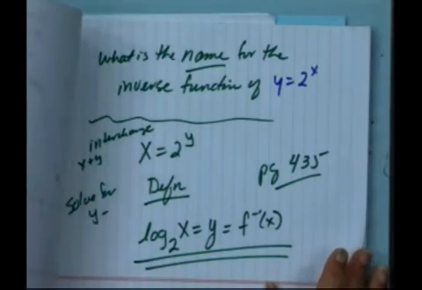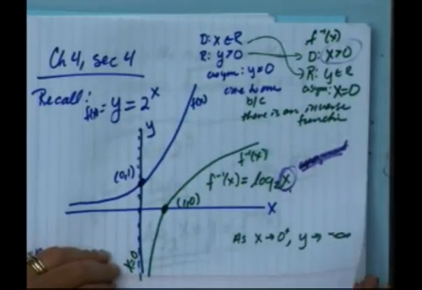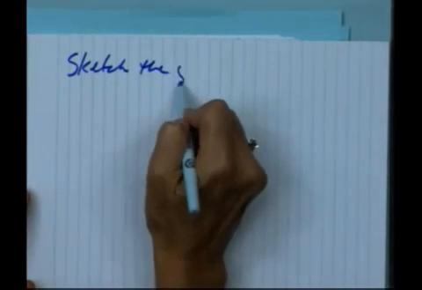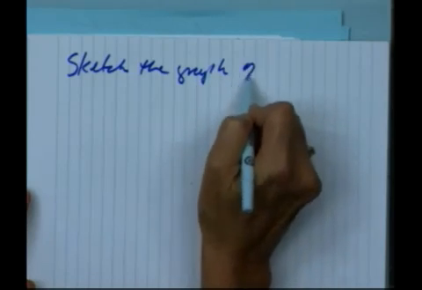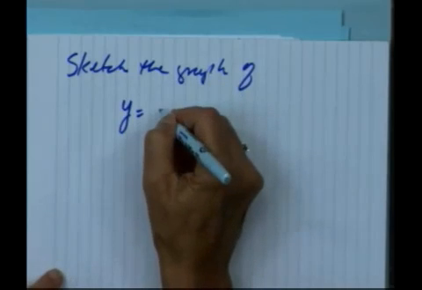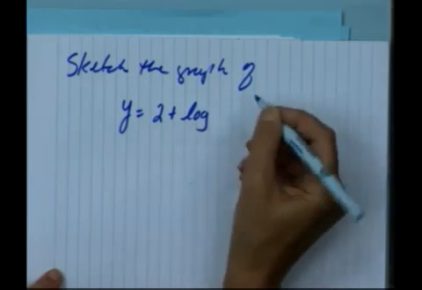What else do I want to tell you? Let's just do a transformation and get domains, ranges, and whatever. Okay, let's sketch the graph of the function y equals 2 plus the log to the base 3.